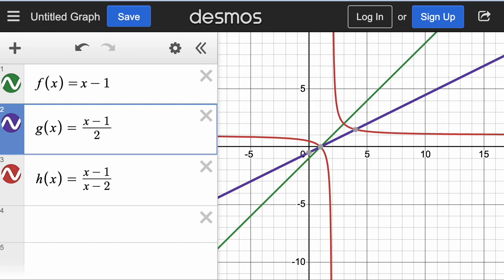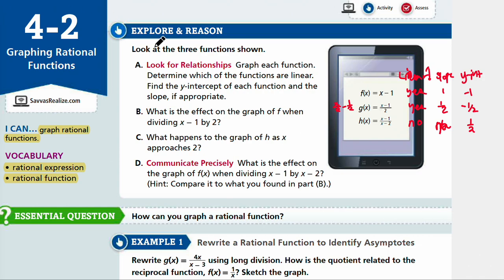They give us the equations of our asymptotes. So yes, we have answered part 1. What is the effect on the graph of f when dividing x minus 1 by 2? If you divide this whole equation by 2, what happens? We're going to basically divide all our range by 2, and that's what happens.